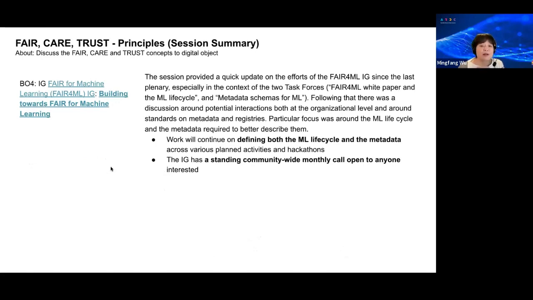The fifth one is applying the FAIR principles to machine learning. AI and machine learning are coming along and progressing at a very rapid speed. This group has two task forces at the moment. One task force is FAIR for machine learning white paper, writing along the machine learning life cycle. The second task force is coming up with metadata schemas for machine learning.